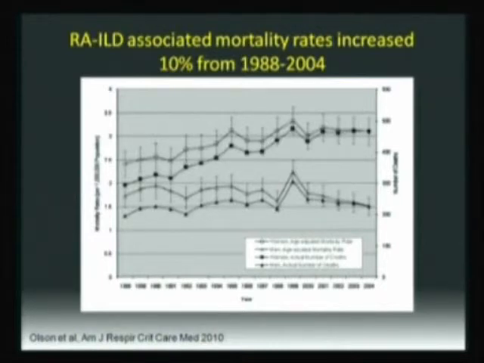One, that our colleagues rheumatologists have been able to manage rheumatoid arthritis very well in the absence of lung involvement. But when lung involvement is present, the current therapies for rheumatoid arthritis don't work. Not only that, but the mortality actually increased over the last 20 years.